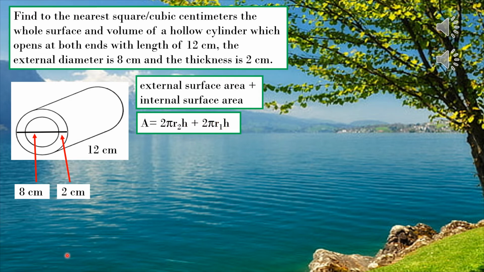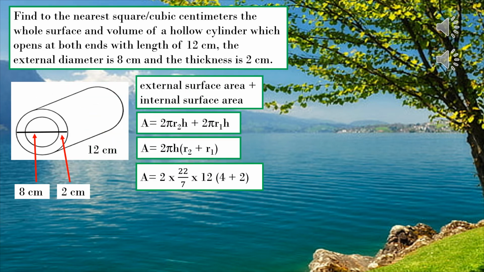So we will take those out. So 2 pi height times the sum of the radius of the small and the big, or the big and the small. Okay. Simplify.